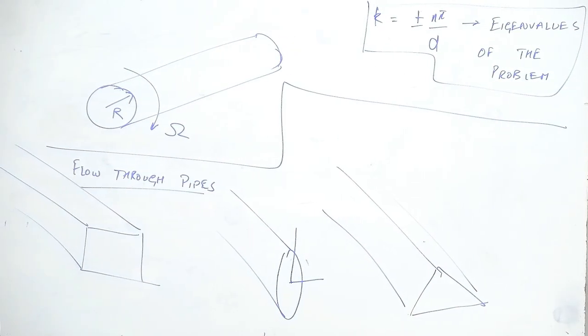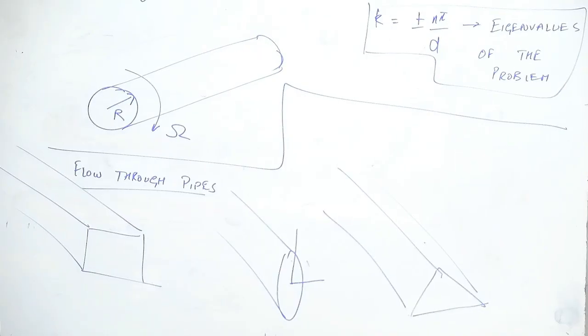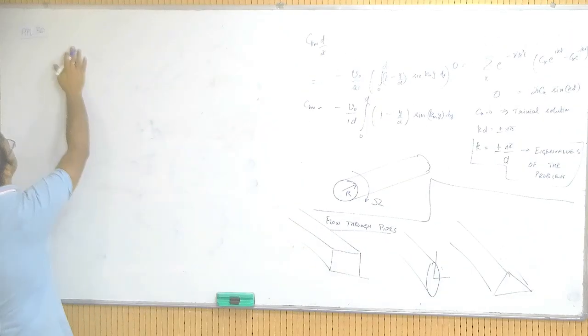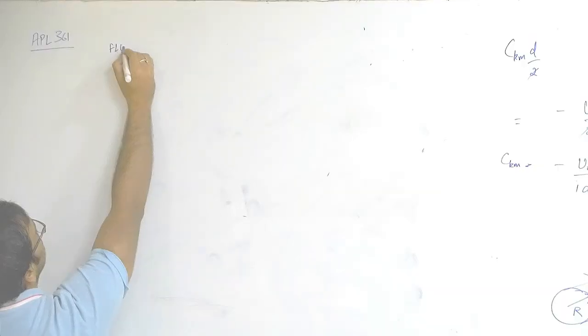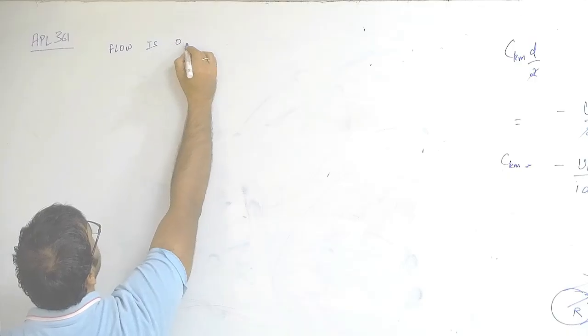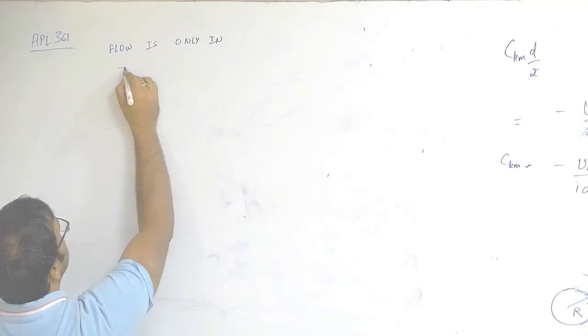We will try to first get some general characteristics of the problem irrespective of the shape of the cross section. What we are going to assume is that the flow is only in the z direction.